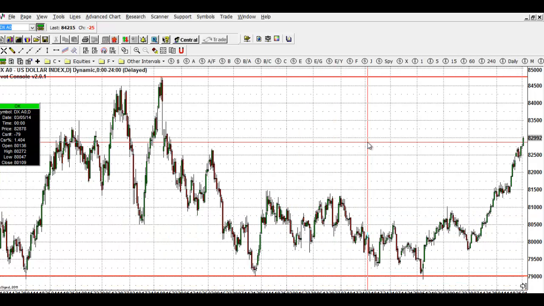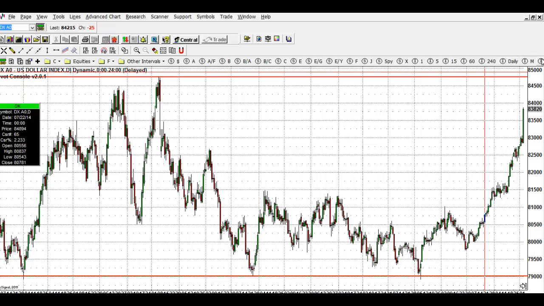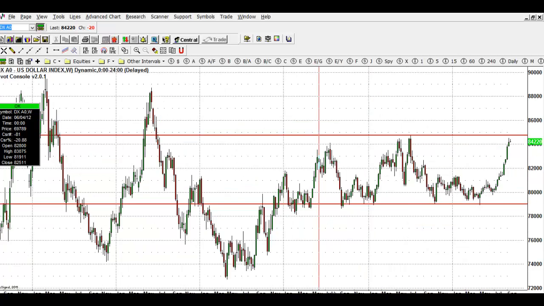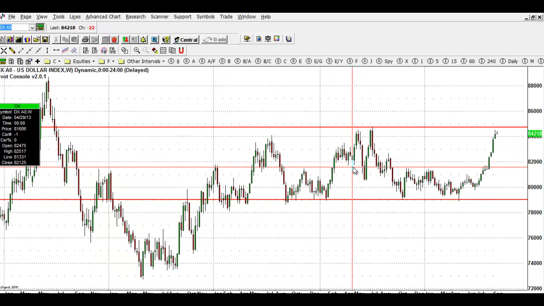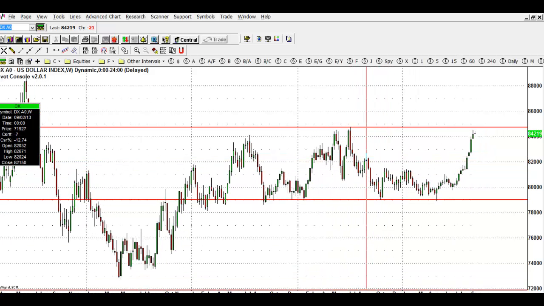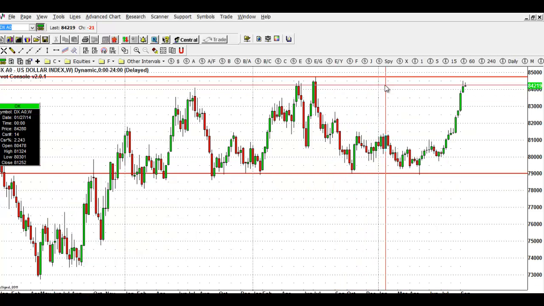Okay, so what we have in front of us is a weekly chart of the US dollar index. And the US dollar index is a composite index of all the major currency pairs. What we are seeing is that the market is finding some resistance at these old highs. We can see that there was a high here that was made in around June of 2012.